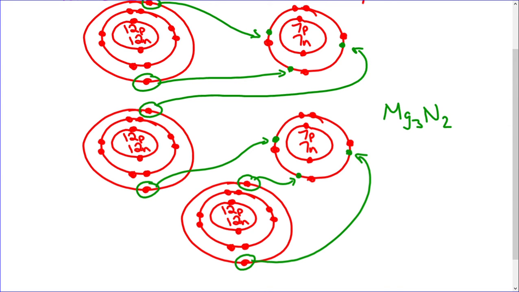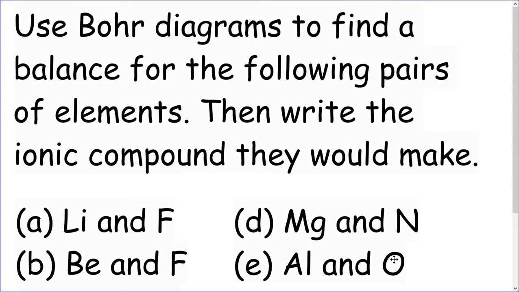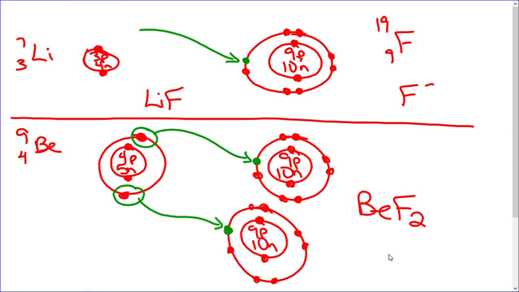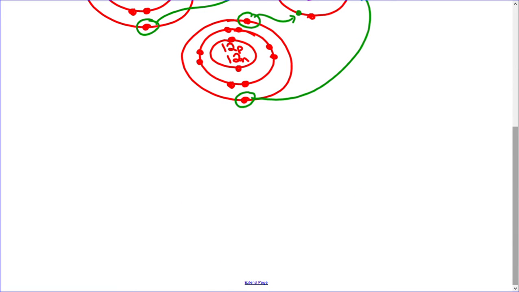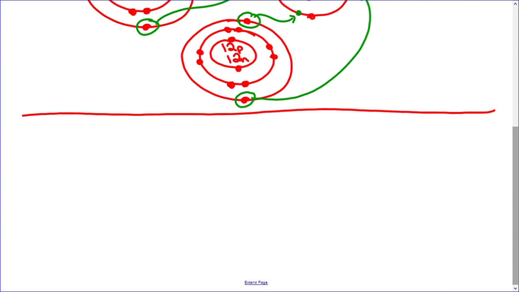Okay, let's take a look at the last one. The last one is aluminum and oxygen in part E. So aluminum and oxygen. If I take a look here, aluminum was one that we did earlier, 27 and 13.